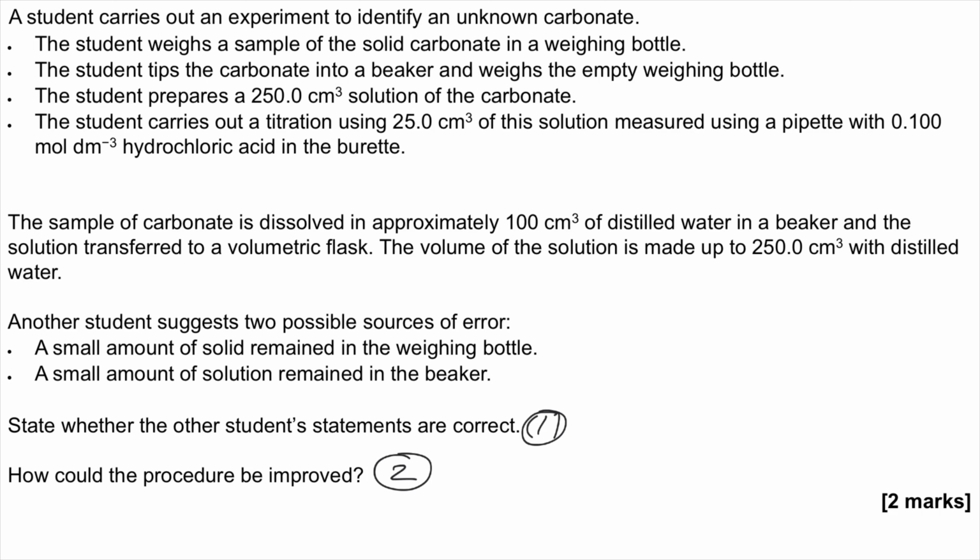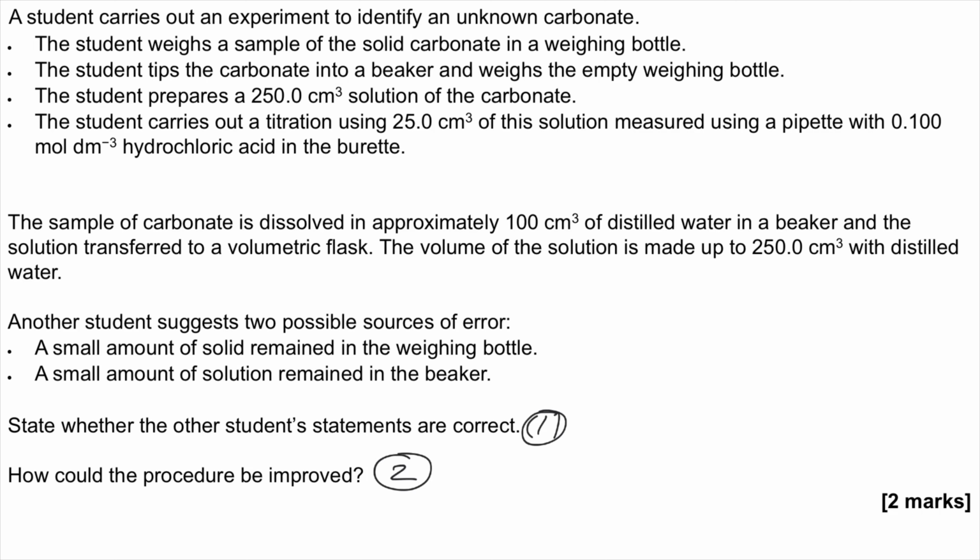So let's take a look at the first part. A small amount of solid remained in the weighing bottle. Okay, so they've said that this is a possible source of error. Well, this statement is true to an extent, however, it's not a source of error. The reason for that is because the student has reweighed the empty weighing bottle, so they've recorded the weight by difference.